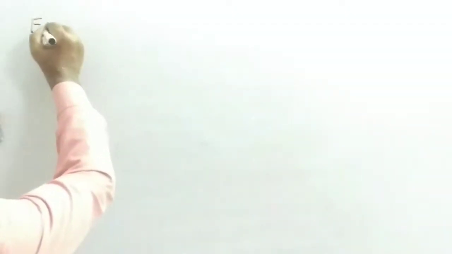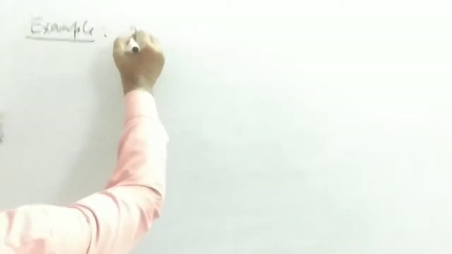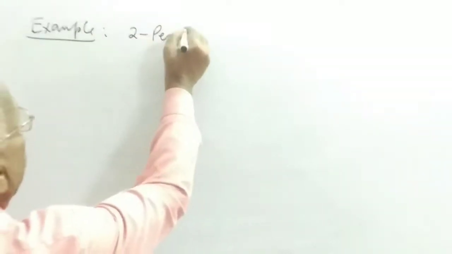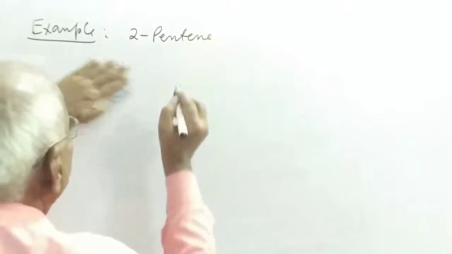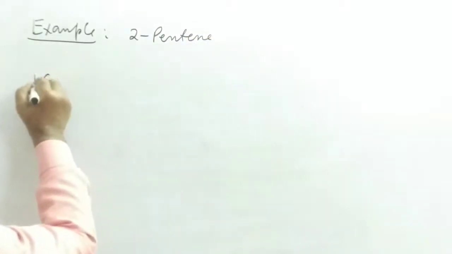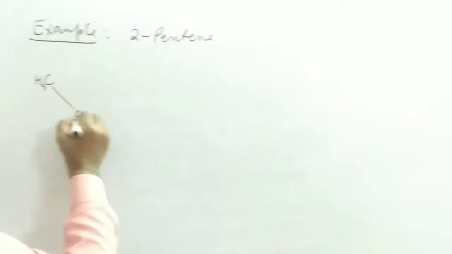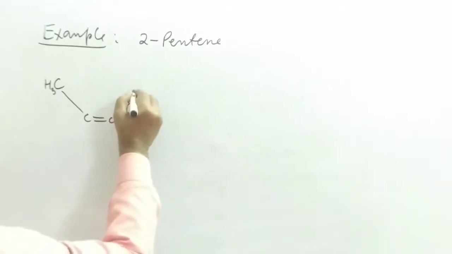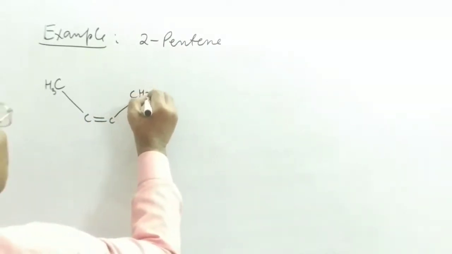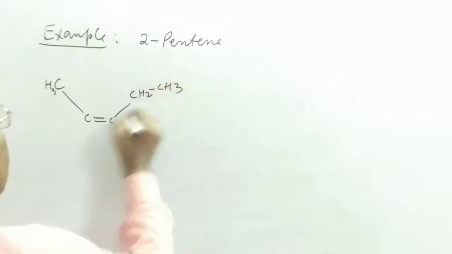Take the example of 2-pentene. 2-pentene is structurally represented as CH3, CH, CH, CH2, CH3.